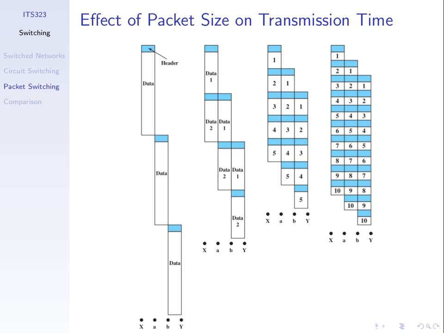To be efficient, to save on time, if you have more links to send across, then you would gain more by having more packets, by breaking it into smaller packets, which is what we see here. If we have a large packet, when we have 3 links, we don't get a chance to send in parallel or to receive and transmit at the same time. But with 2 packets, we do get that chance. So it depends upon the number of links, the number of packets, and the header size. Any questions on the impact of packet size on, this is just for packet switching delay.